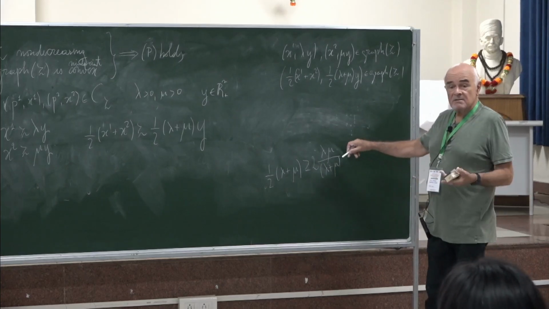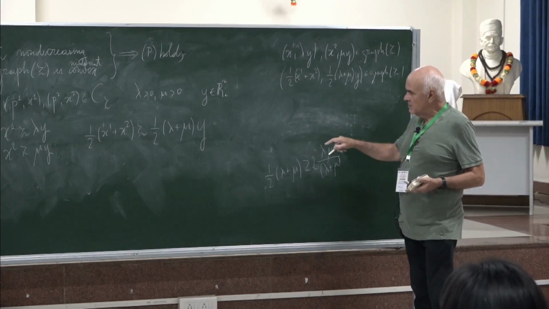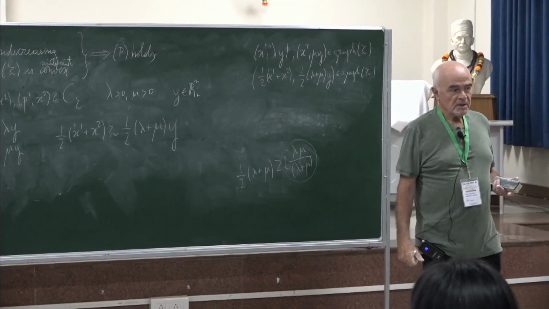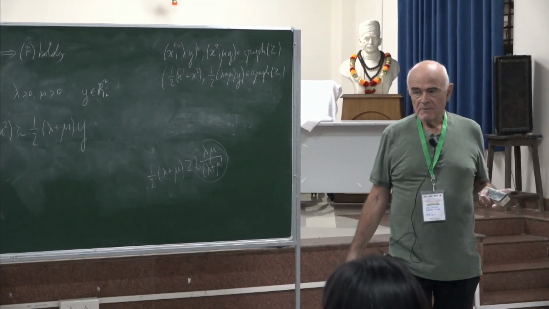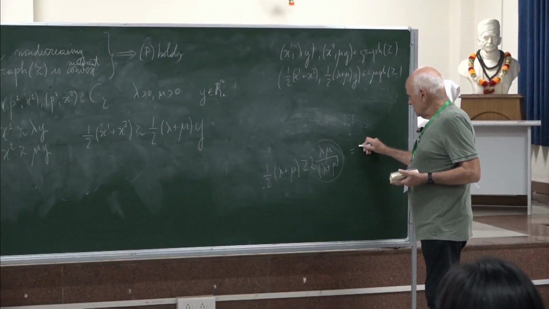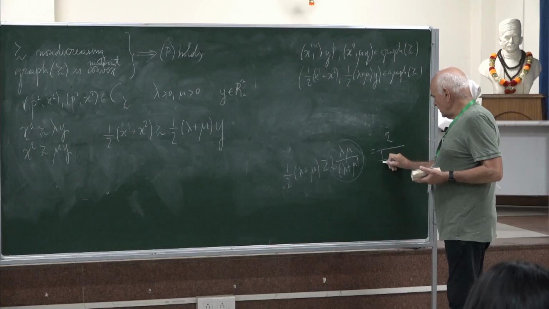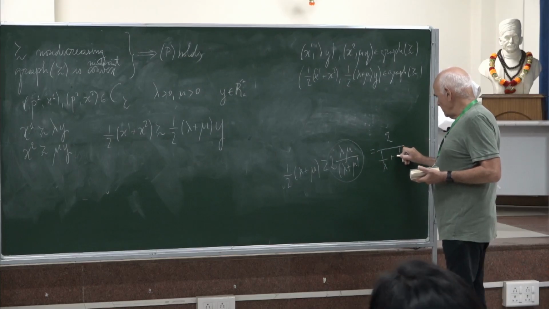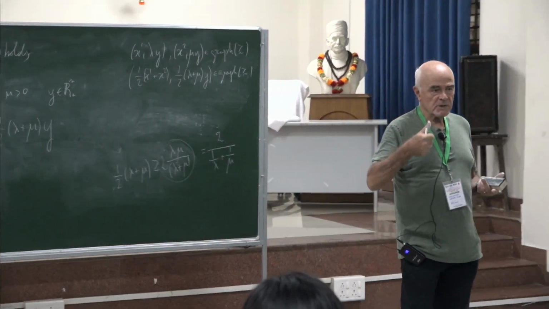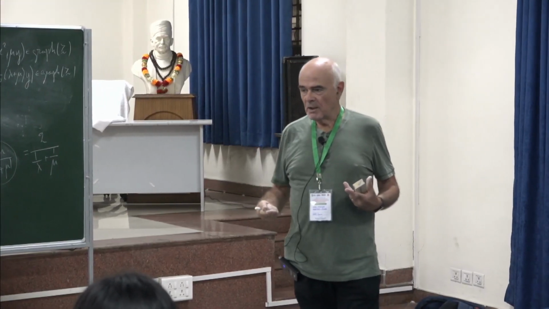In fact, this at first sight strange coefficient appearing in condition P is not so strange. It's the harmonic mean. This is 2 divided by 1 over lambda plus 1 over mu. So the harmonic mean, you take the reciprocals, their mean, and then take the reciprocal again.